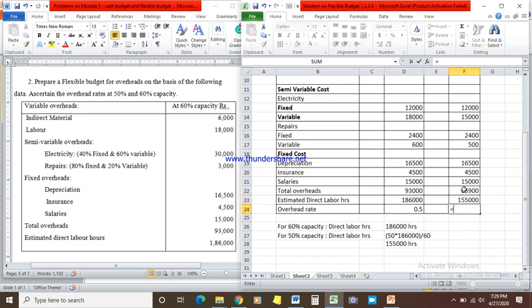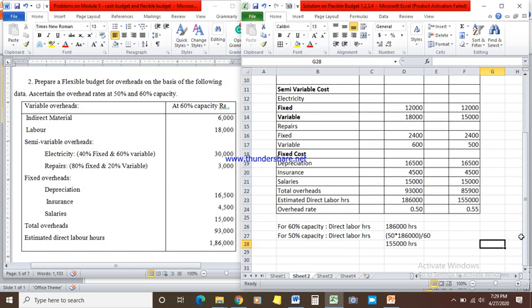So accordingly, the overhead rate per direct labor hour will be 85,900 divided by 1,55,000. It comes to 0.55. I'm just taking it to 2 decimal places.